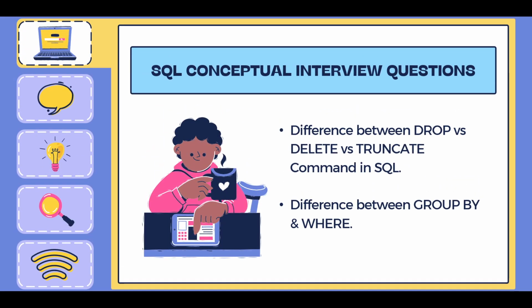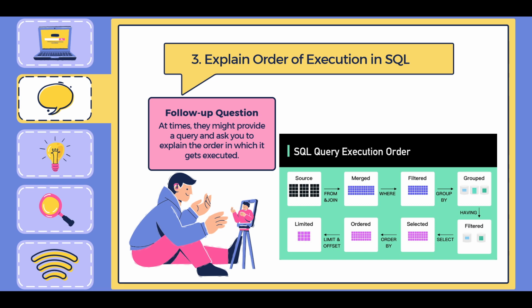The first one we have is the difference between drop, delete, and truncate commands in SQL. Second, we have the difference between group by and where. Third is the SQL query order of execution. Sometimes they provide some query and ask you to explain the order in which it's executed.